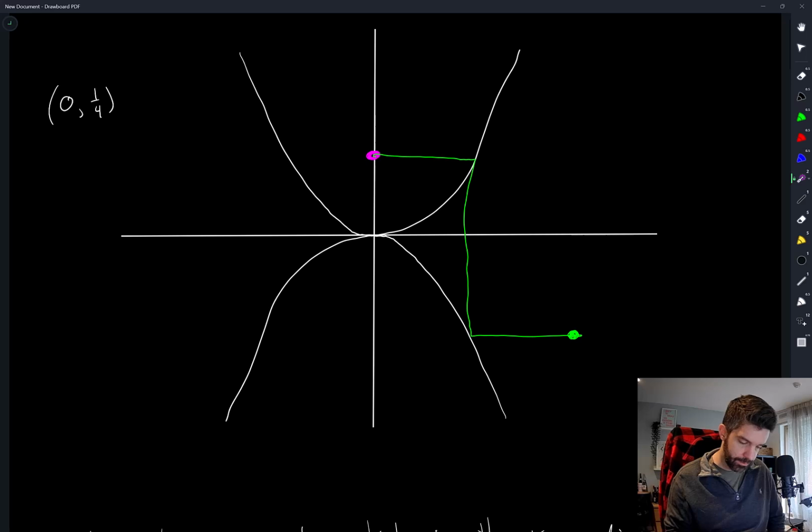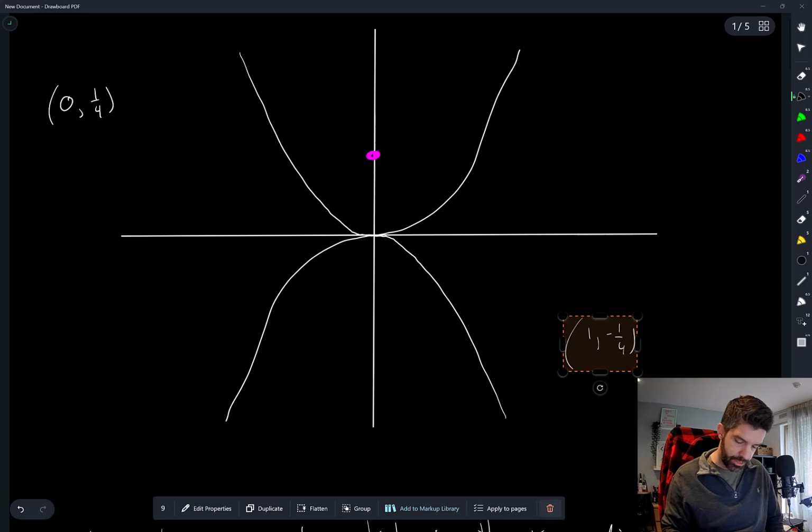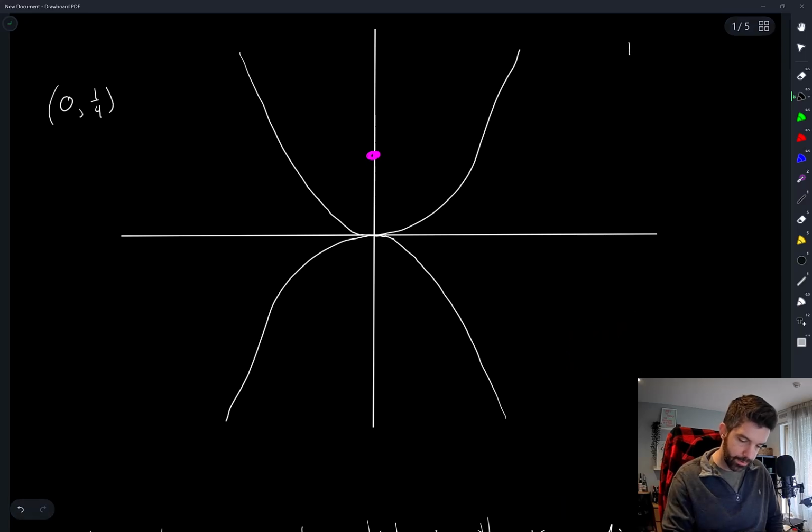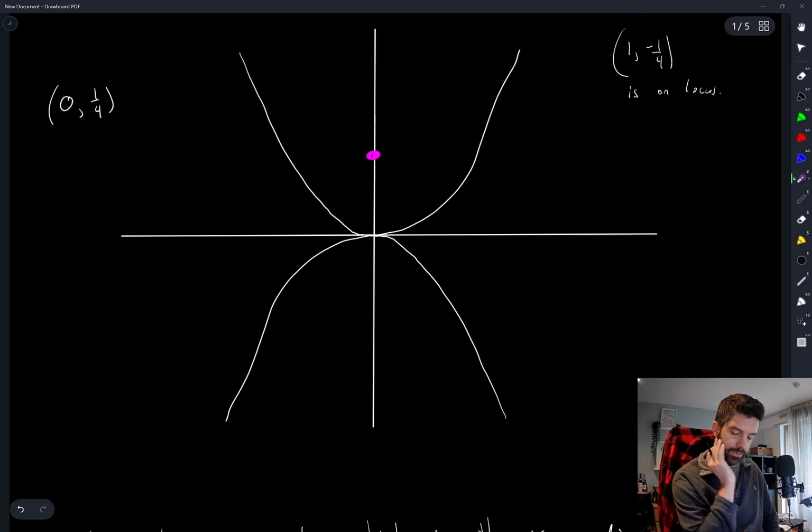I guess this is an x value of 1 over 2. So the focus will pass through this point here at 1, negative 1 over 4. So when I do it in generality, we should verify as a sanity check that that point is on the locus.